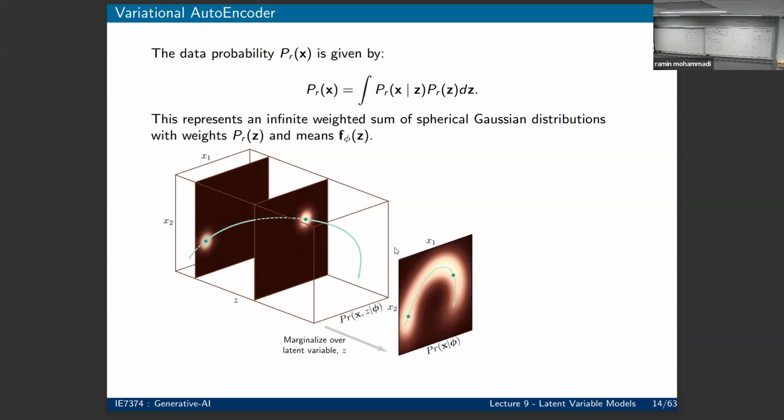When you repeat this process and put all the Z's together, they look like this. That becomes the marginalization of X over all possible Z's. Technically this is called an infinite weighted sum of spherical Gaussians, because these are all spherical Gaussians.